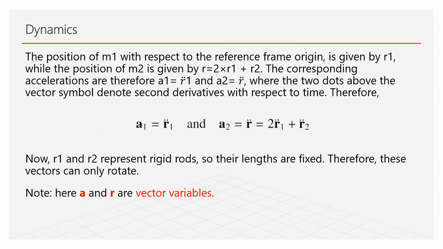These accelerations are vectors, right? Since the length of the joint is fixed, it can only result in rotational movement. So when I talk about acceleration, it is for the object which rotates.